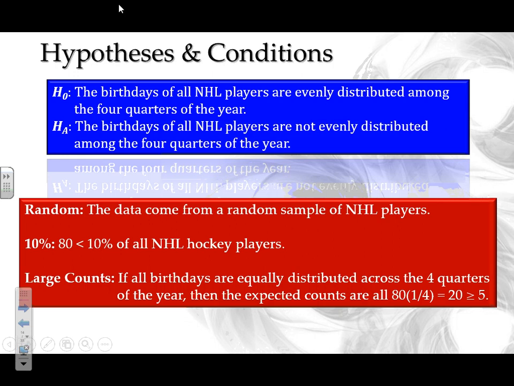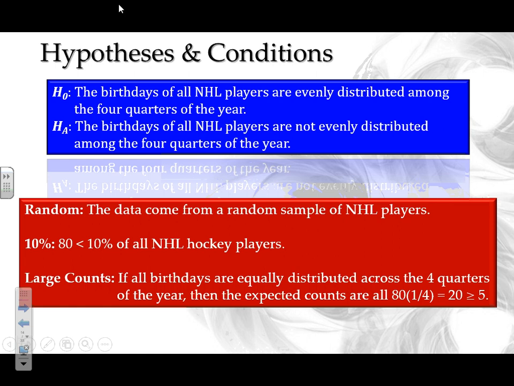So for the random condition, it did say a random sample of NHL players. 80 players would be less than 10% of all NHL hockey players. And then for the large counts, here's where you have to think about your hypotheses. So a lot of times the hypotheses will give you an idea of those expected counts.